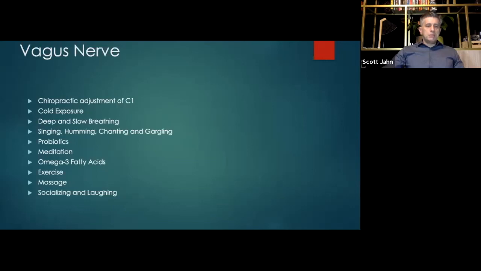Again, meditation, omega-3 fatty acids, exercise, massage, and socializing and laughter have all been shown to stimulate the vagus nerve. The vagus nerve needs to be stimulated repeatedly throughout the day, so not just one of these things. You should try to do as many of them as possible, as often as possible, which will help stimulate that nerve and help get your intestines flowing again.